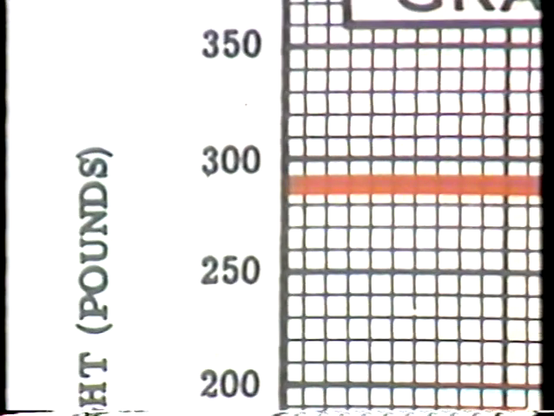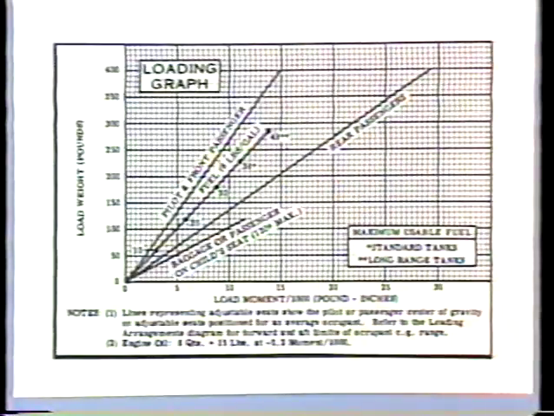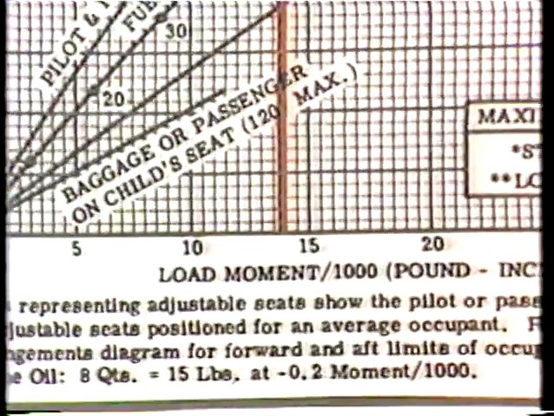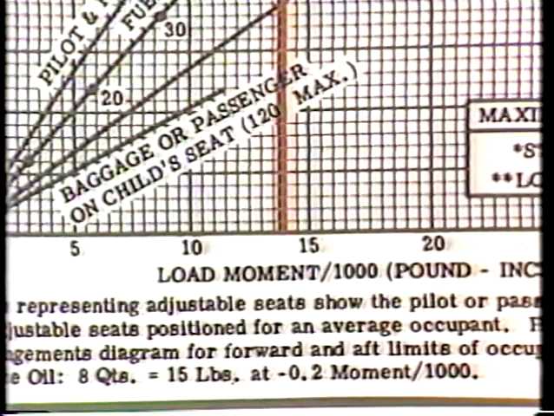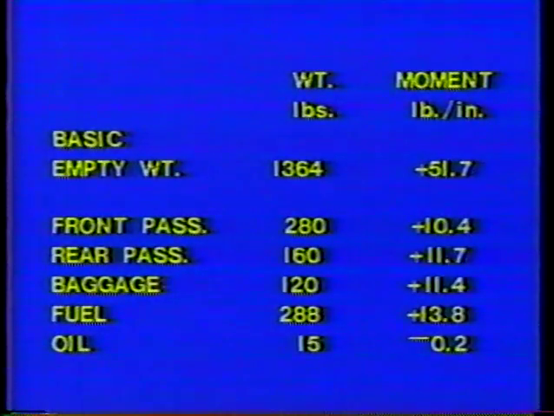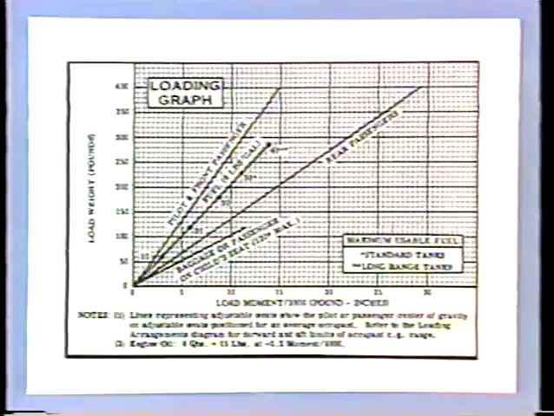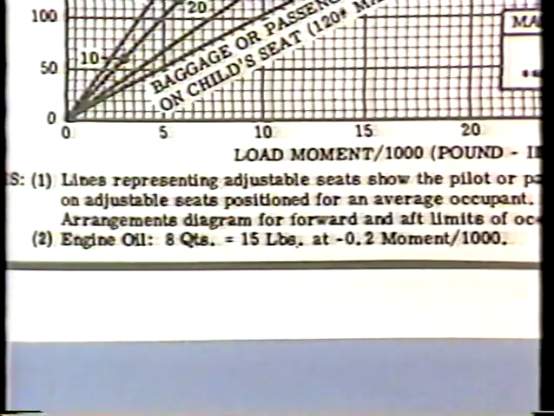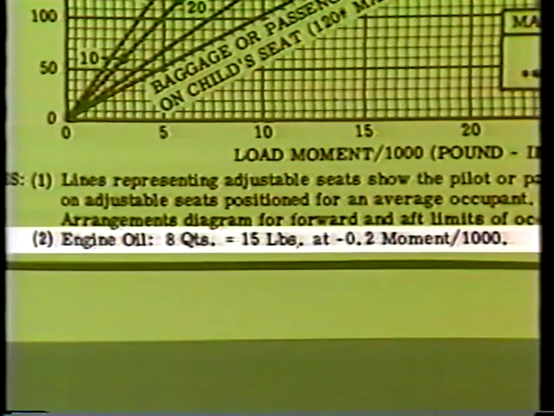With 288 of fuel, you have a moment index of 13.8. Enter this on your worksheet. Last, we have 8 quarts of oil, which weigh 15 pounds. The oil has a given moment of -0.2.